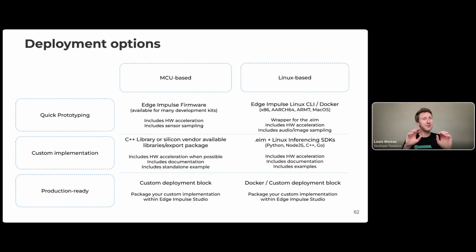So either on the MCU or Linux side, you can package all your custom integration together, and the output of Edge Impulse, so after the deployments tab, you can just have either a binary or a Docker package that you can then pass to your fleet management system, and then get that deployed everywhere. And as soon as you get some new data, you retrain your model, this will automatically regenerate your full application. So this is super cool. We've got plenty of options.